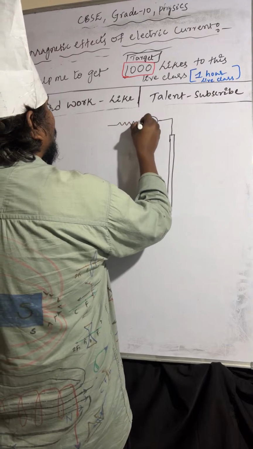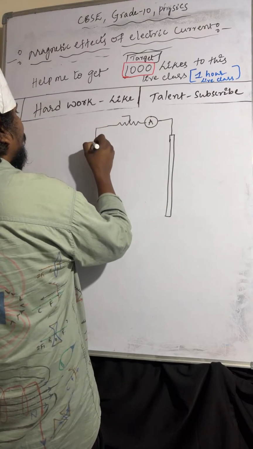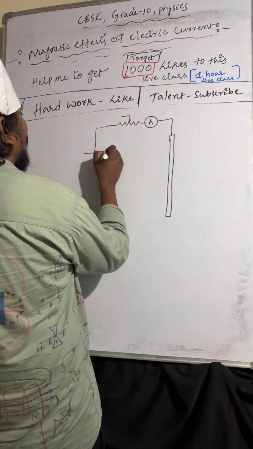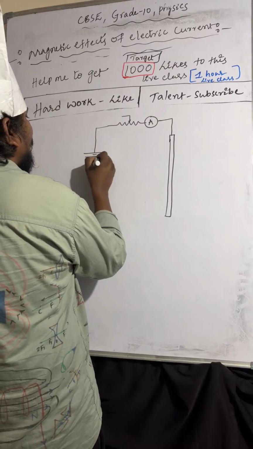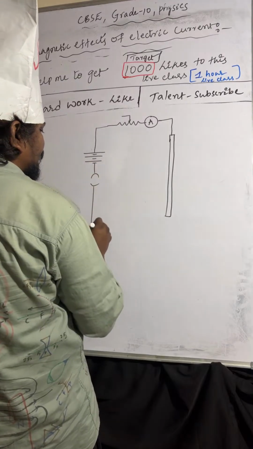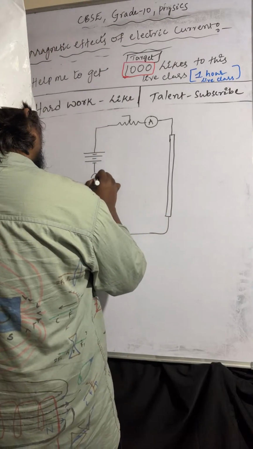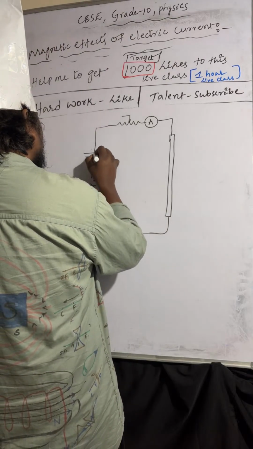This is a rheostat. A rheostat is a device used to regulate the current without changing the voltage source. Means without changing the source, it can alter the current. Okay, so here I am considering like this.